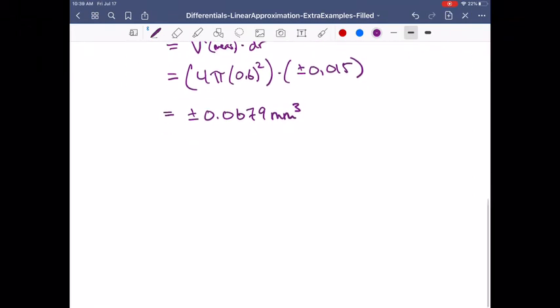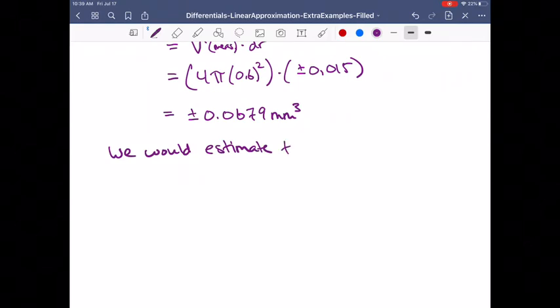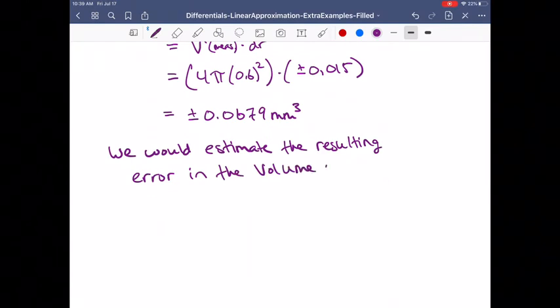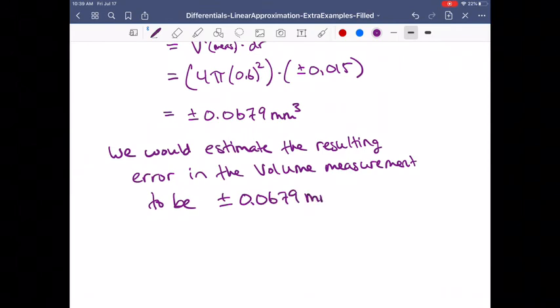So we would estimate the resulting error in the volume measurement to be plus or minus 0.0679 millimeters cubed from the actual volume.